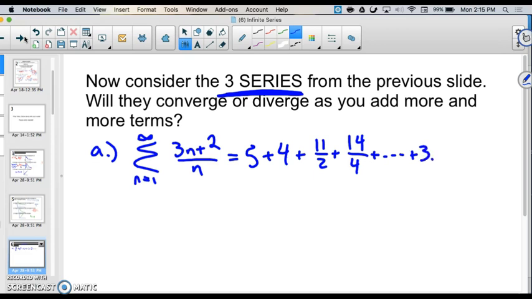It's going to keep getting closer and closer to 3. But if I keep adding these up, my number that I'm getting when I add them up isn't 3. It's getting huge. So in this situation, if you add it up, it's going to diverge. So the series would diverge. Even though the sequence didn't, the series will diverge because we're adding it up.